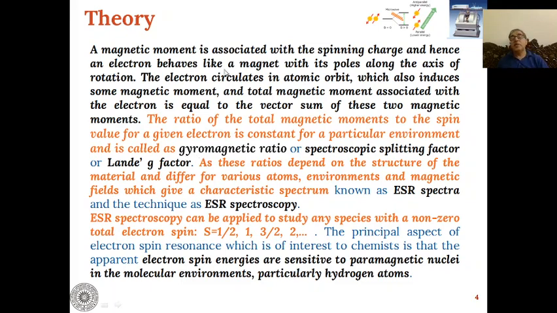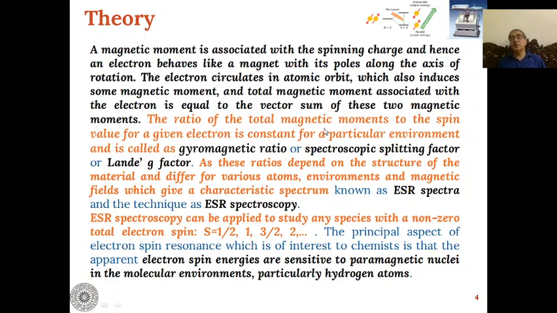Now, a magnetic moment is associated with a spinning charge, and hence an electron behaves like a magnet with its pole along the axis of rotation. We know that the electron circulates in the atomic orbit and induces some magnetic moment, and the total magnetic moment associated with the electron is equal to the vector sum of these two magnetic moments which we have discussed here.